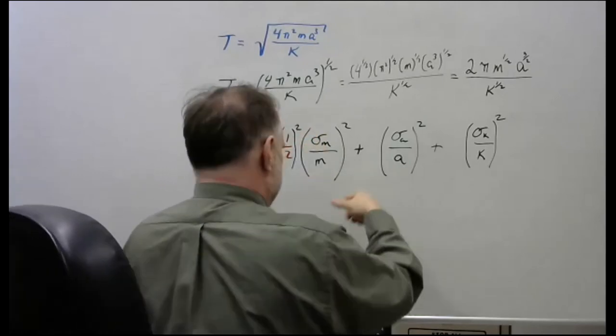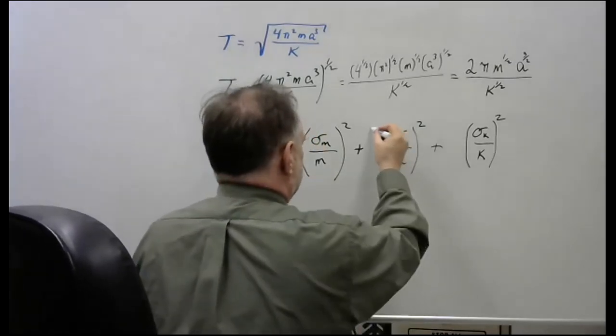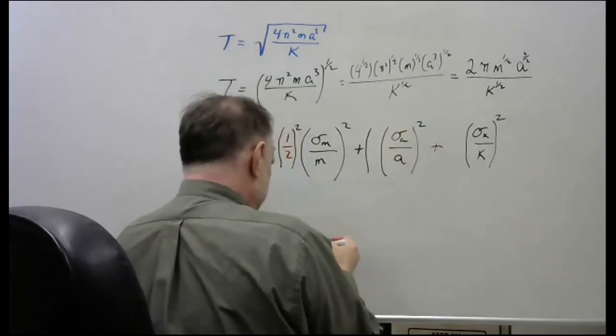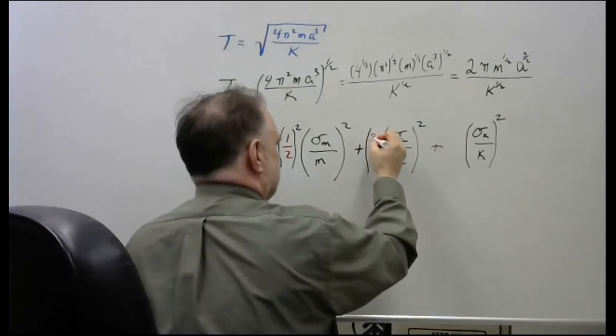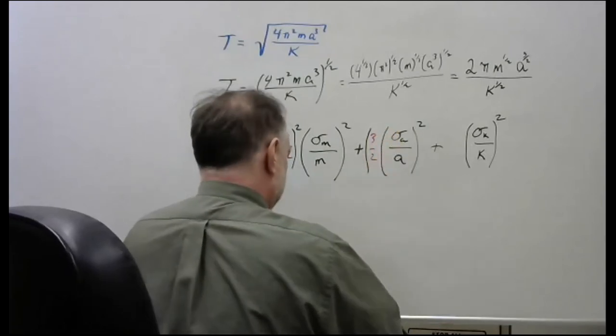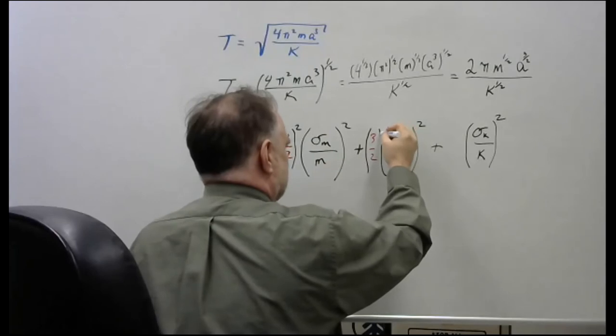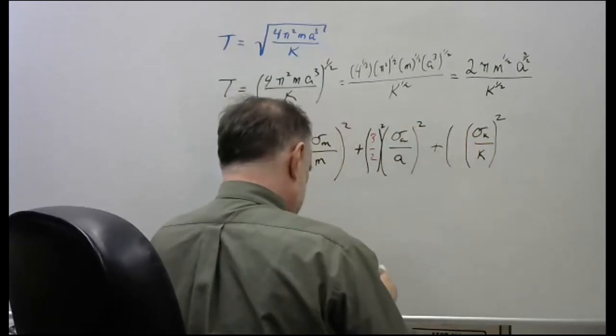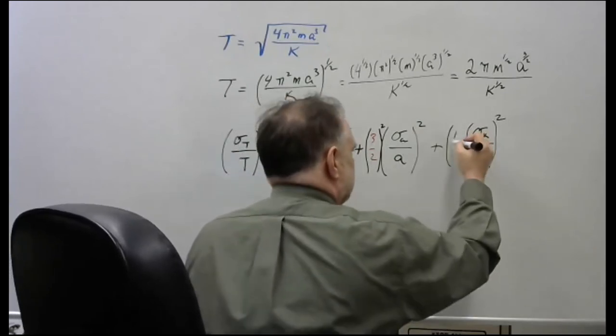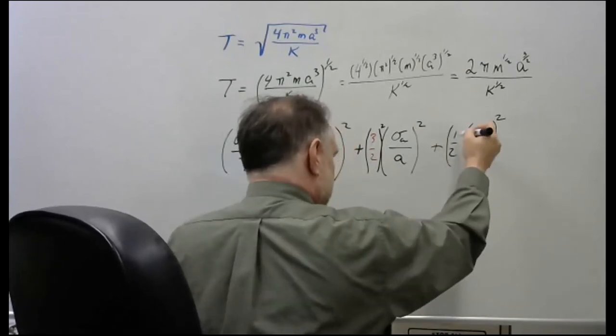I bring down this exponent and square it. What's the exponent here? 3/2. And I square it. And here, what's the exponent? 1/2. And I square it.